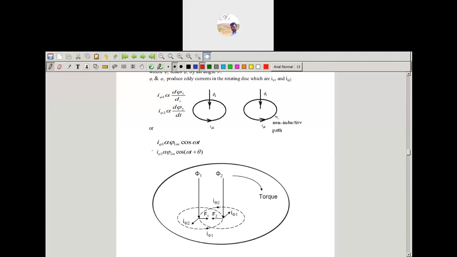These are the eddy currents produced on the disk, which is placed in between the two magnets. This causes the electromagnetic force, and the disc tries to move.